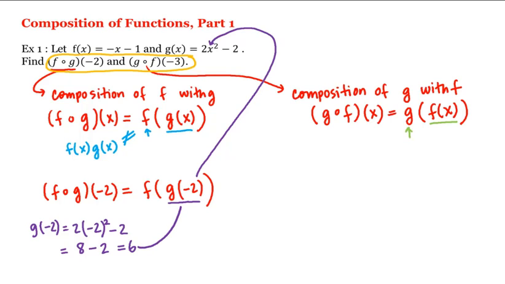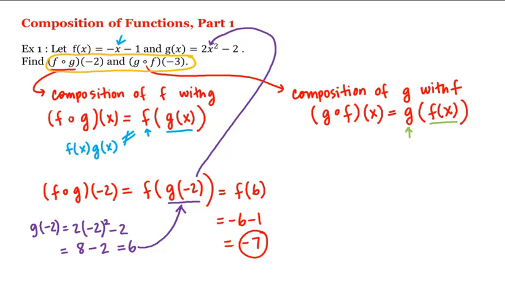Which we then plug in here and evaluate f at 6. That is, this is equal to f of 6. And looking up here at our function f, we're going to plug 6 in wherever we see an x. That is, this is equal to negative 6 minus 1, or negative 7.